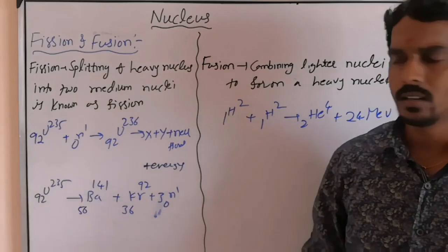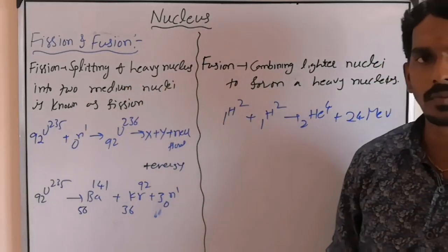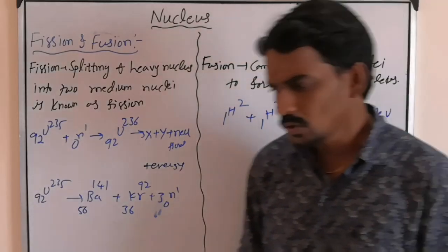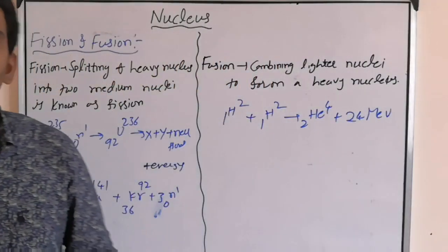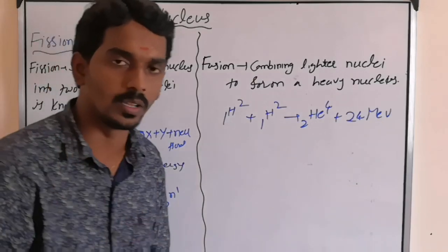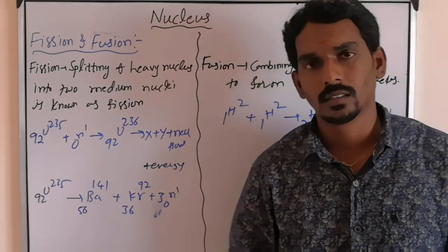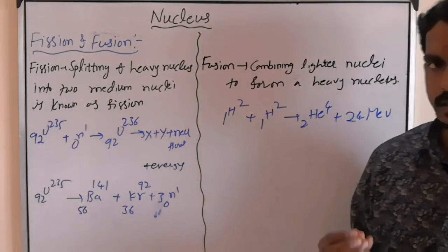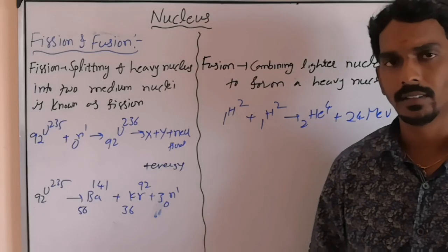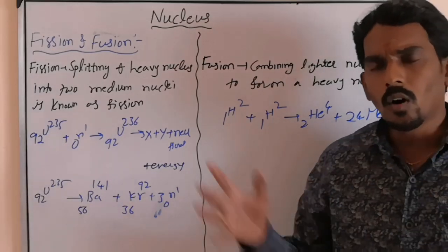So let's take the fission reaction first. Usually when we study binding energy, we also study radioactive elements, radioactivity, but that is deleted from the syllabus. So let me just give you an idea.